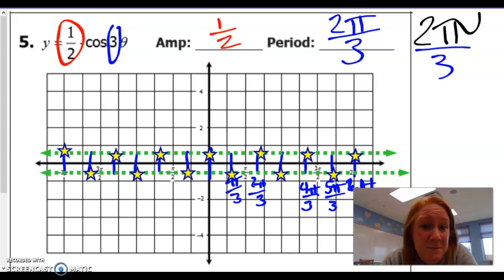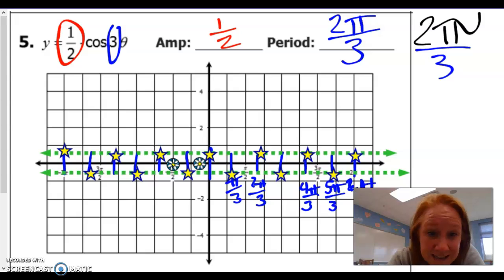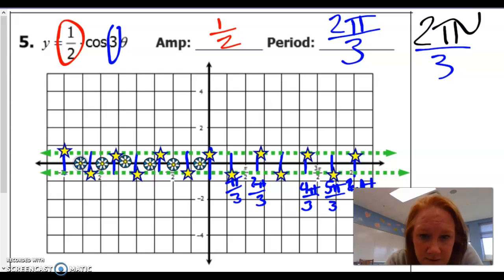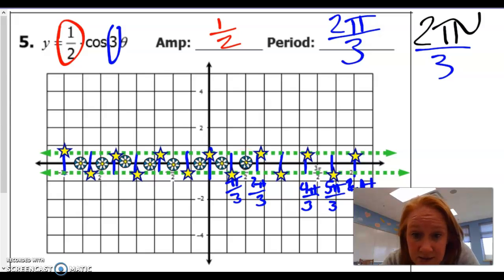That means it's going to hit the middle at the pi over 6s, so kind of halfway between. But that just happens to be at the half pi's. So it goes down because that's 3 pi over 6.